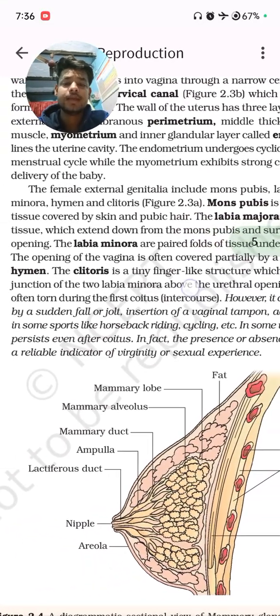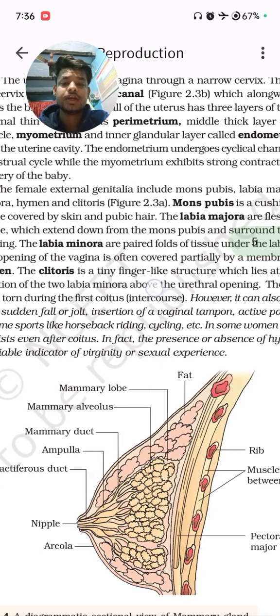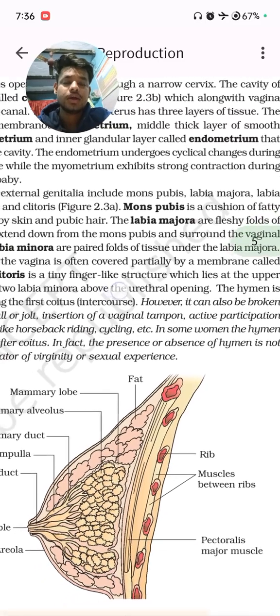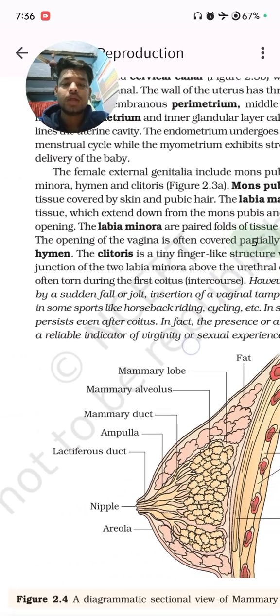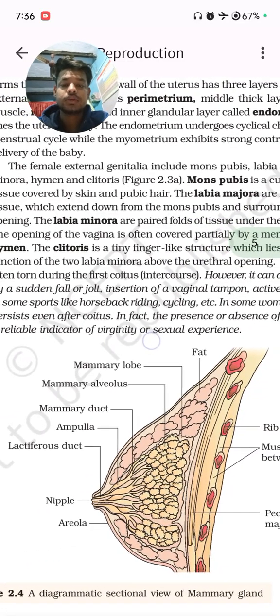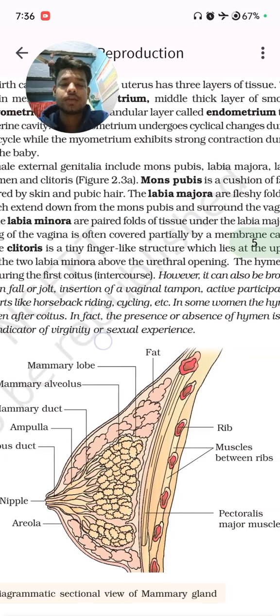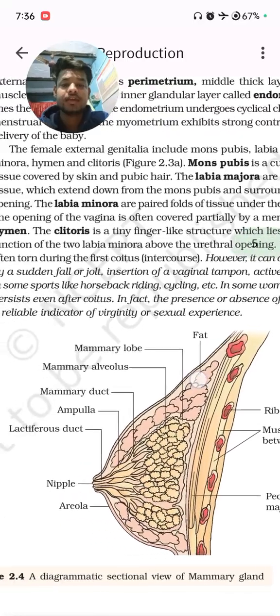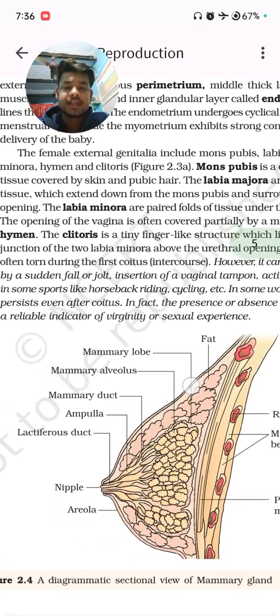The female external genitalia include the mons pubis, labia majora, labia minora, hymen, and clitoris. Figure 2.3a. Mons pubis is a cushion of fatty tissue covered by skin and pubic hair.